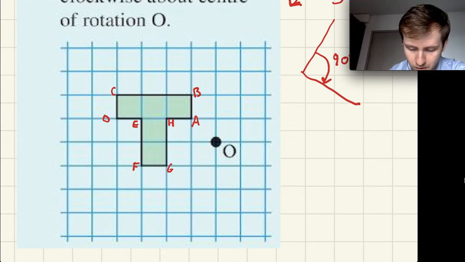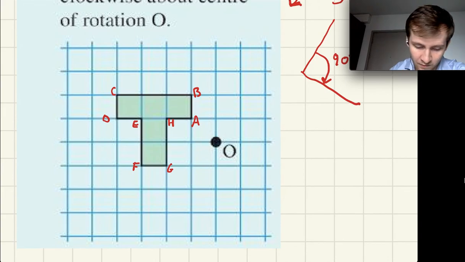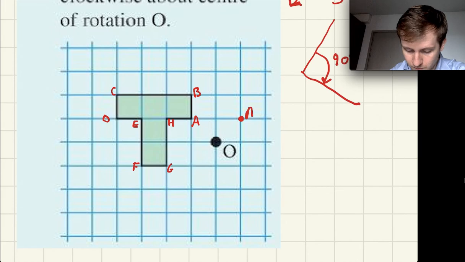So let's start with point A. Point A, we have to draw a line to the center from point A. This is our center of rotation. And then this line is going to rotate 90 degrees like this. So point A rotated is going to be here. We can draw it here already. So this is point A rotated.